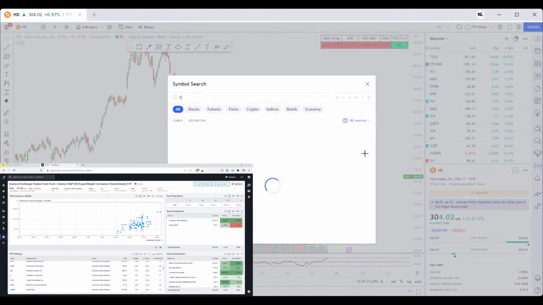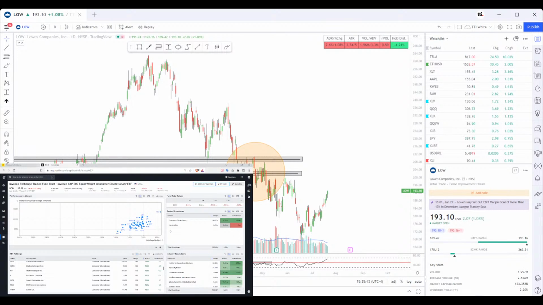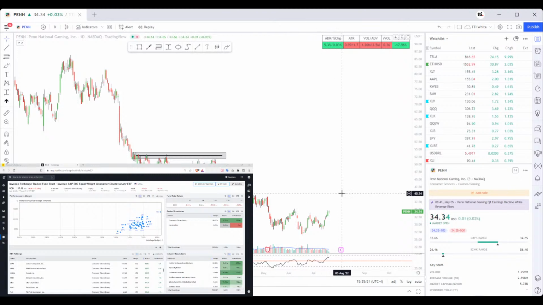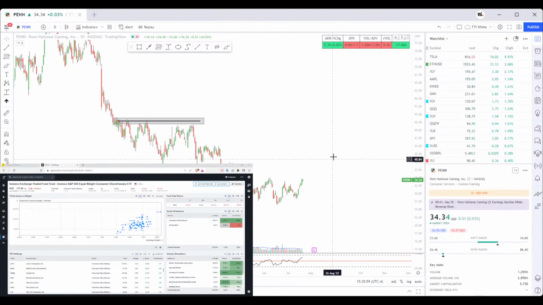HD up, bad chart. Ford up, bad chart. Lowe's up, bad chart. Penn has some volume for September. Does it? Yeah, on the 40s. Nope, that makes sense. Here, let's pull up Penn then and come up with a trade idea here.